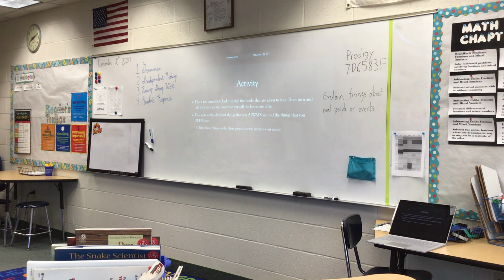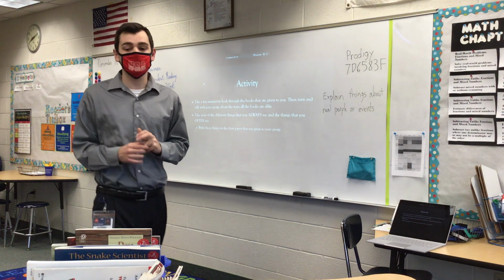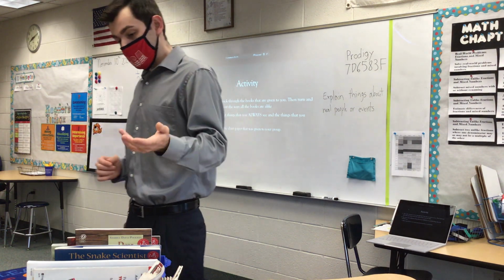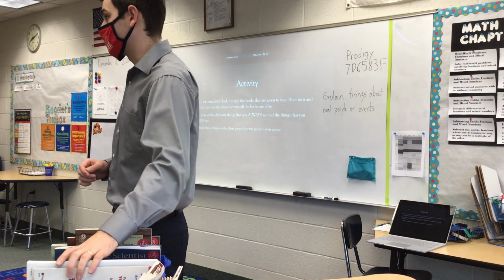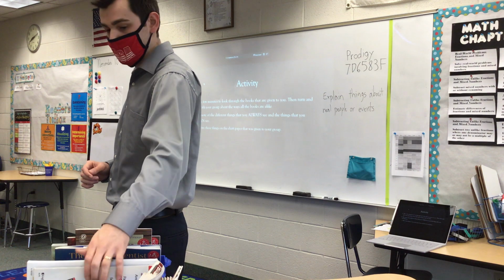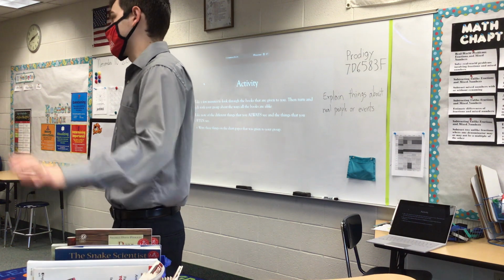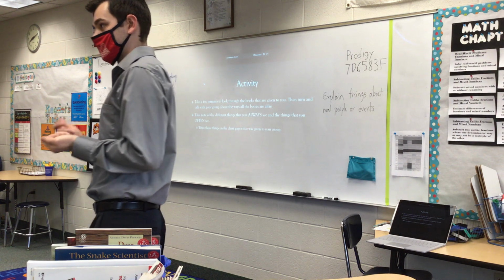So what's going to happen here, and listen carefully, when I say go, you're going to come up and you're going to grab 1 book from each of these categories. These 2 are the same category. Just grab 1 book from each stack here, and then 1 from here. And you're going to take those 3 books back to your group, and you're going to look through them.